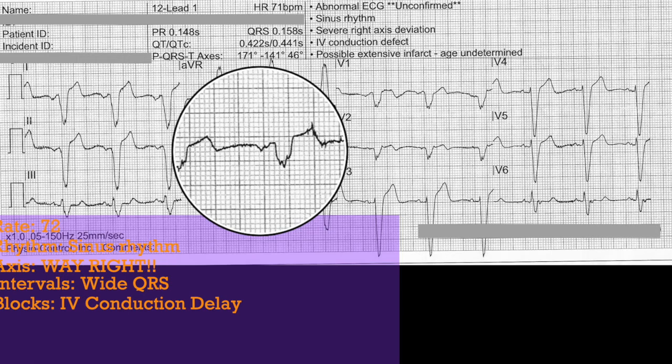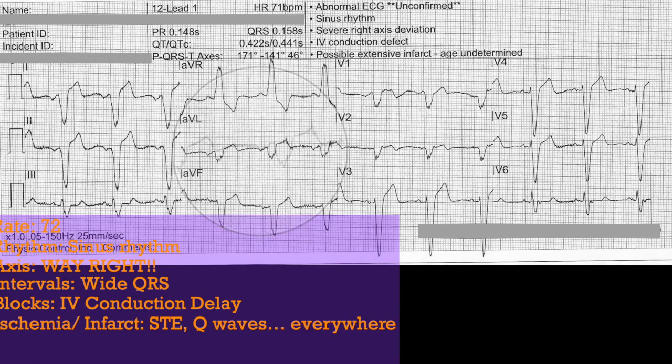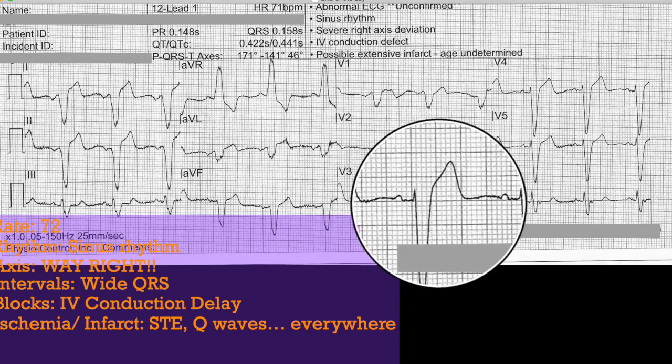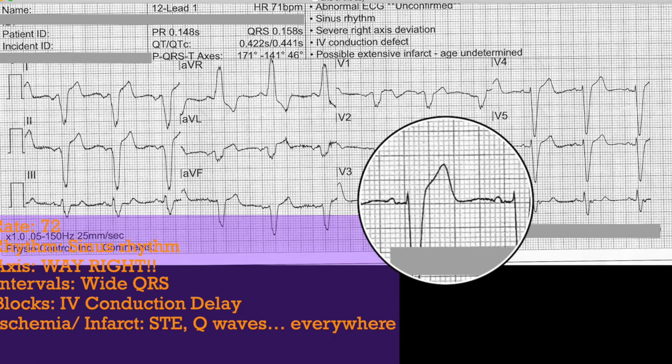So normal PR interval. And the QT interval also looks, at least to our eye, like the space between one QRS complex and the next, and the T wave finishes before halfway through there. So that's a grossly normal looking QT interval.